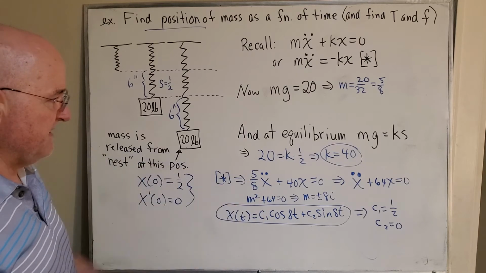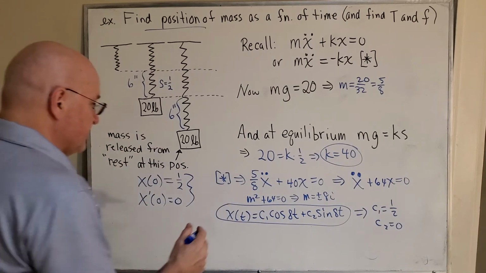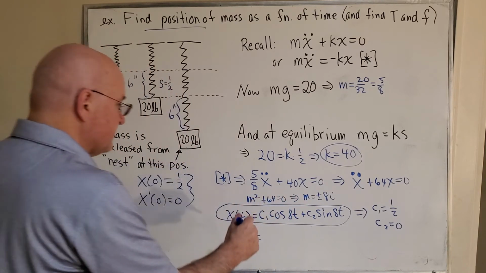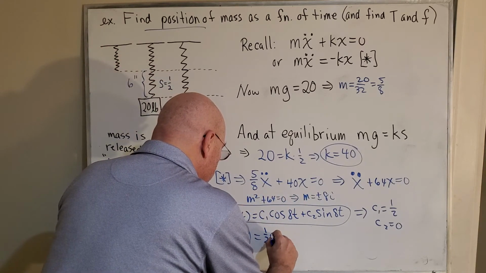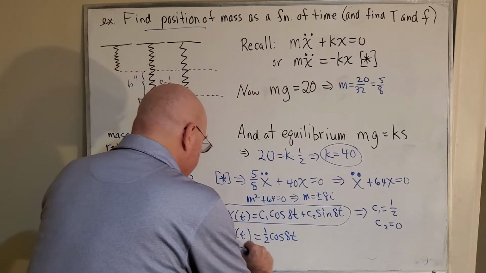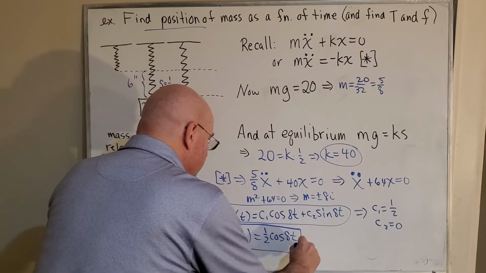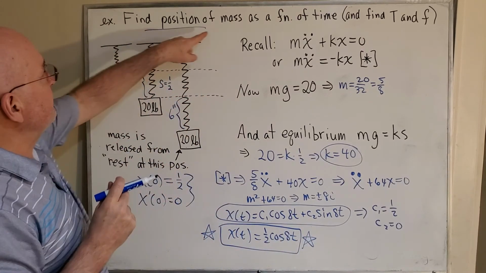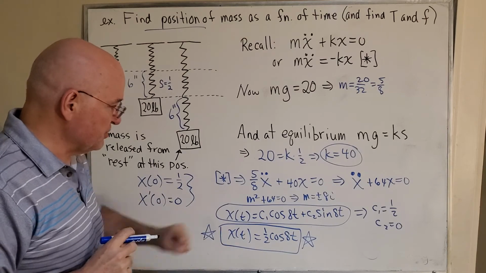And that's what gave us C1 and C2. And so we really get x of t equal, C1 is 1/2, C2 is 0, so this here, I'll put stars around it. That's the solution. That's the position of the mass as a function of time.